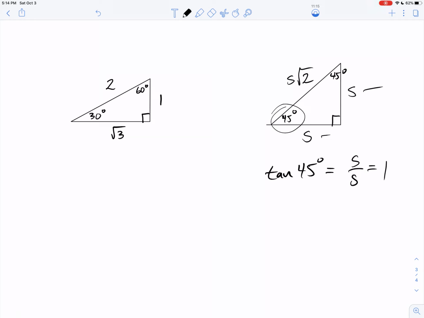Why are we using all these S's? Let's just say, let S equal 1. Always they're going to end up canceling. I'll get a 1 over a 1. So in trigonometry, we streamline this stuff. We don't say S. We don't say S rad 2. We just say rad 2. That's a 1. That's a 1.